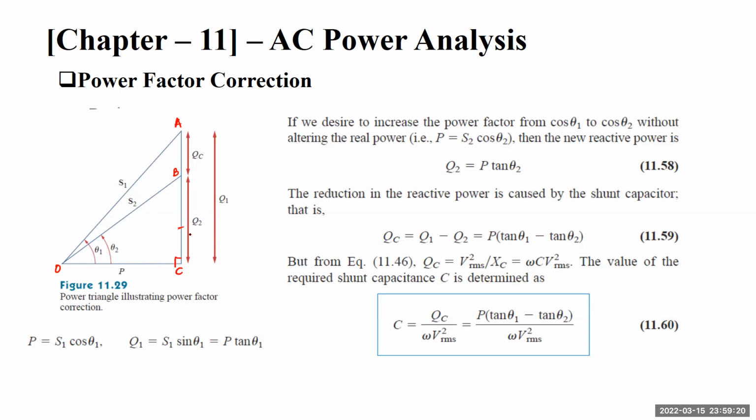For Q2, the tangent of angle theta 2 will be Q2 over P. So my value of Q2 will be P times tangent of theta 2. Generally, this power is given to us.